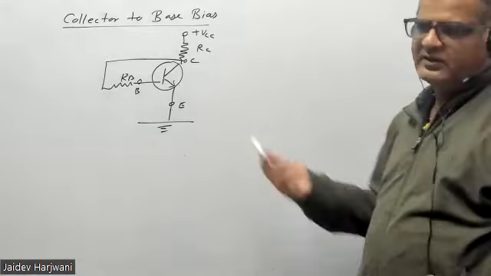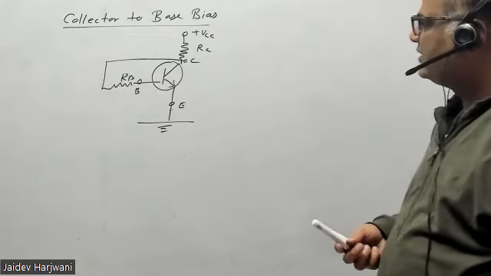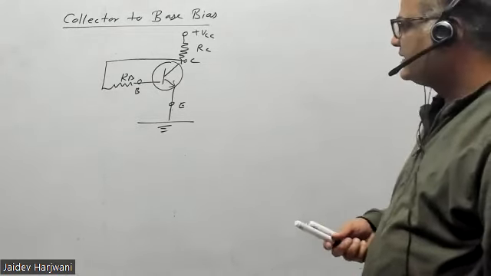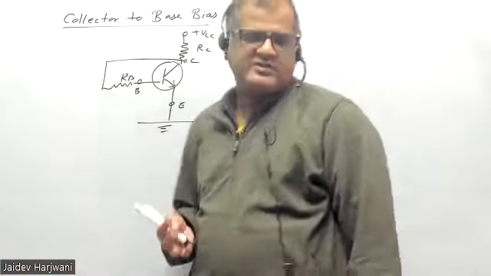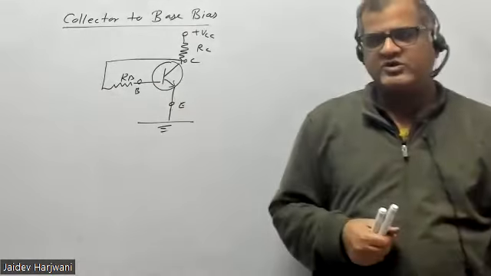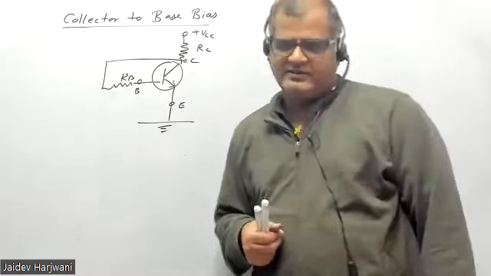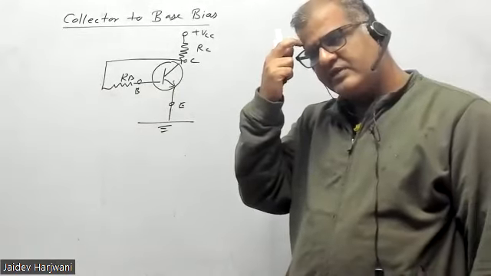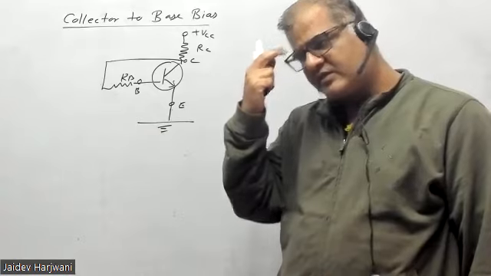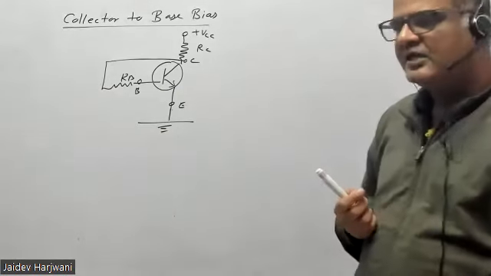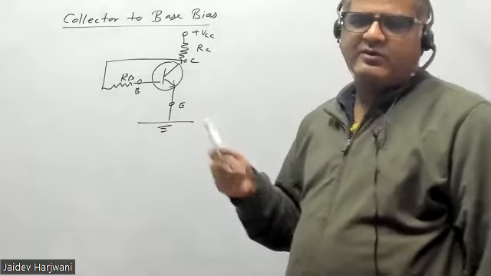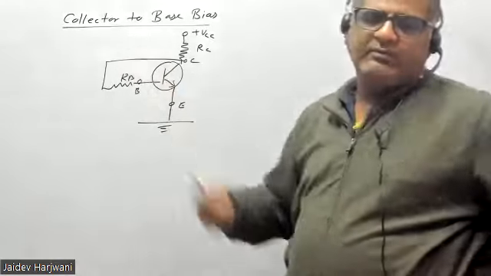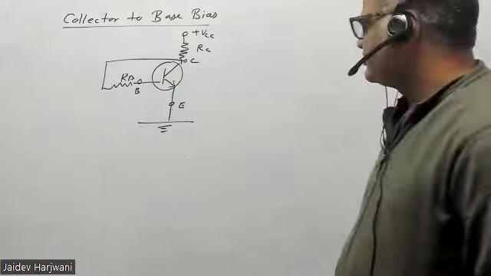It is still not a commercial biasing, but it is slightly better than your fixed bias, because always we see the circuit which keeps a watch on IC. The circuit should be such that if temperature increases and IC gets unstabilized, so IC changes, the circuit should keep some control over IC.